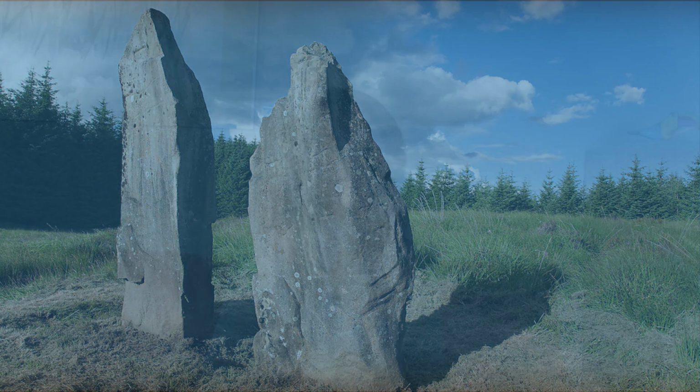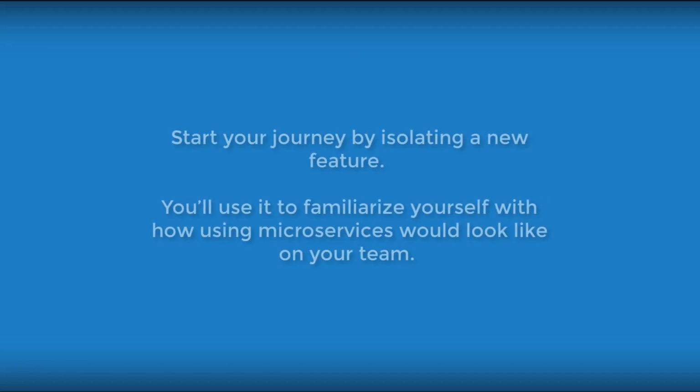What you've realized is you'll need different tools, different techniques, and most importantly, a different attitude. To avoid going deep too soon, try this. Start your journey by isolating a new feature. You'll use it to familiarize yourself with how using microservices would look on your team. It won't be perfect, and it won't teach you everything the first time, but it will give you the opportunity to quickly expose critical obstacles.